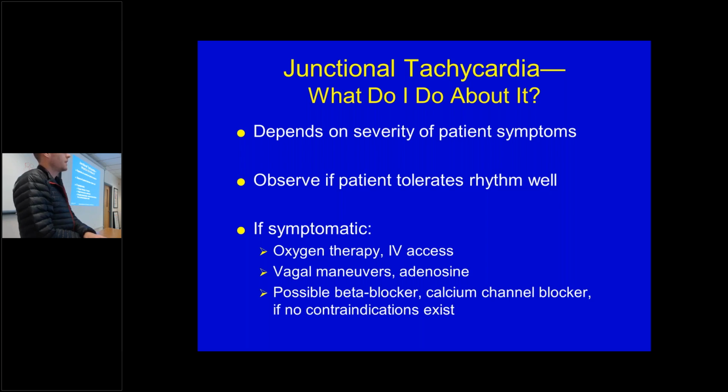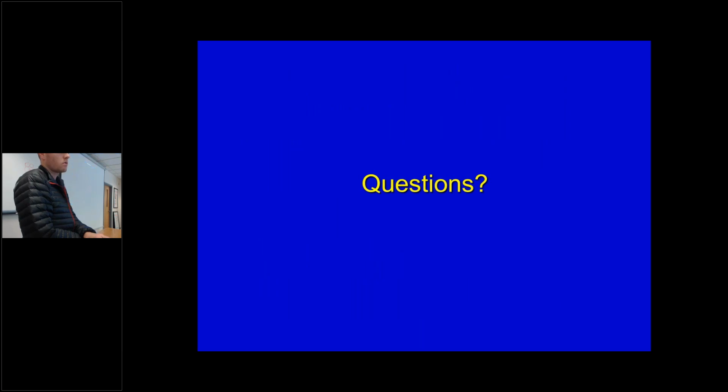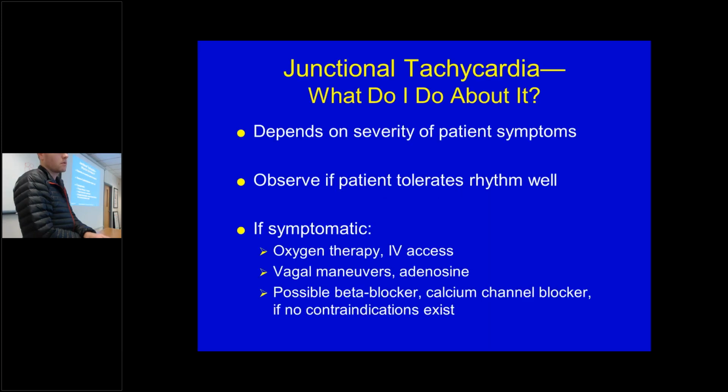If it's significantly tachycardic, you can certainly try some adenosine, or you can try to slow it down, and that's it. Junctional rhythms are not too bad, right? It's a little more straightforward.